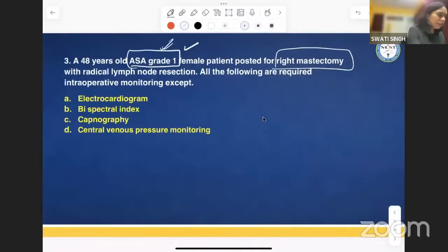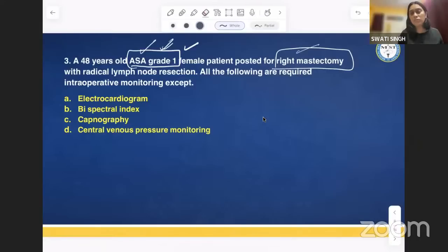The patient is ASA grade 1, having no comorbidity, and the surgery is a right mastectomy, hardly 20 ml, or if the surgeon is a very lousy one, 50 ml blood will be lost. Not more than that. These surgeries are not known for causing a huge blood loss. So since there is nothing special about this surgery, we would go for routine basic monitoring plus 2 desirable if we have it.